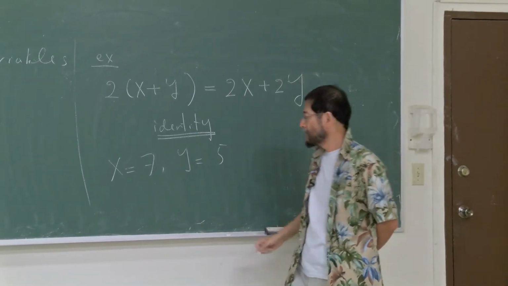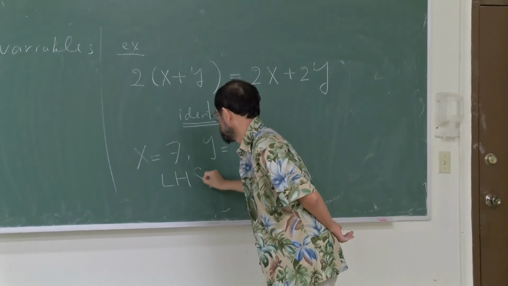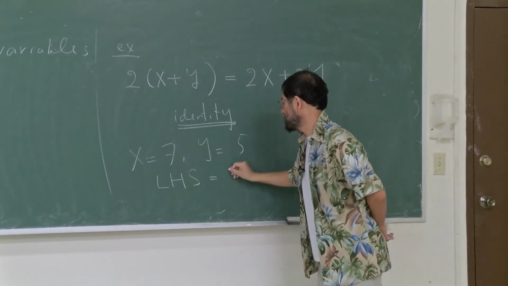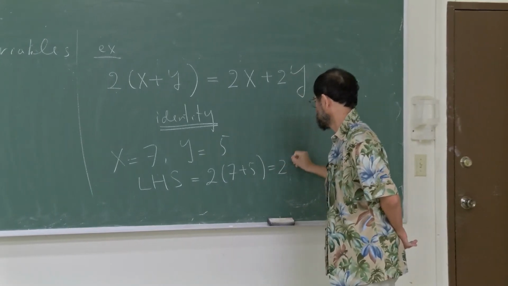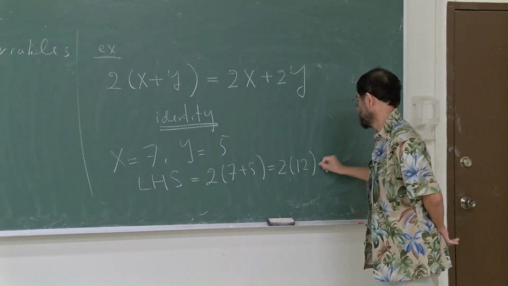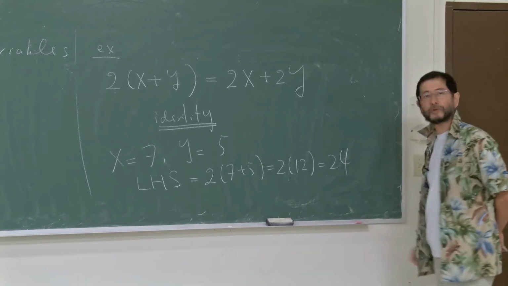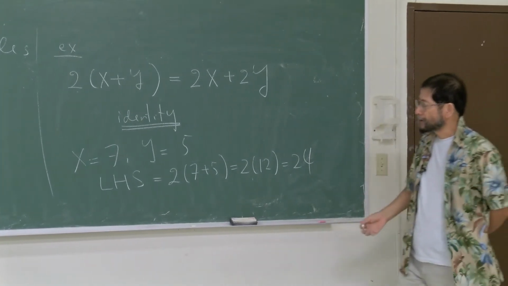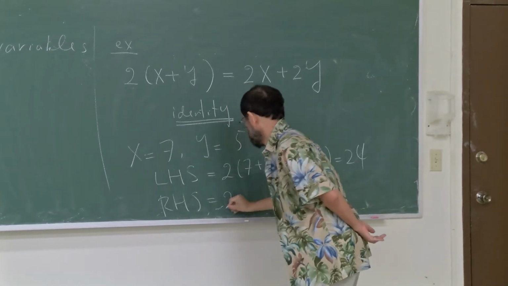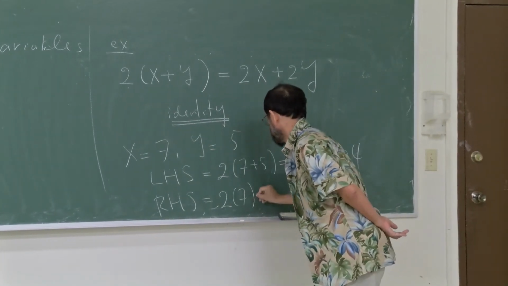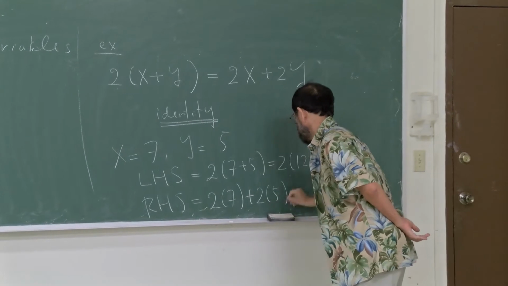Okay, so then let's check. Your left hand side is 2 times 7 plus 5. So this is 2 times 12, which is equal to 24. On the other hand, right hand side, 2 times 7 plus 2 times 5, so that's 24.